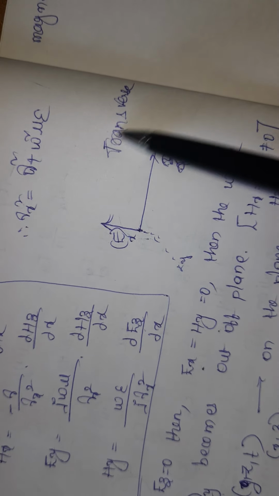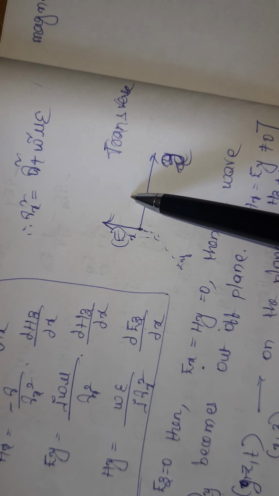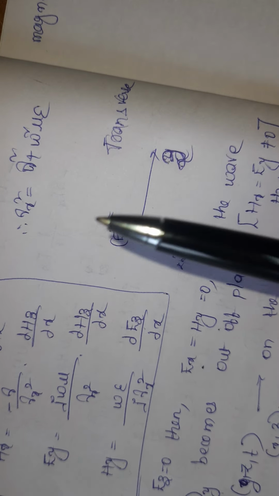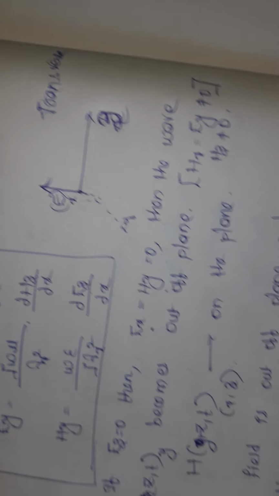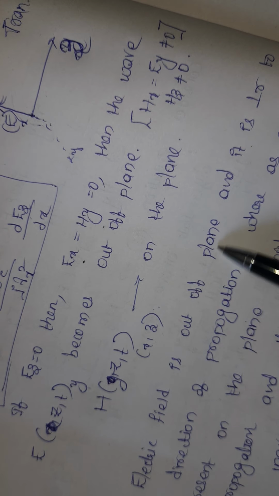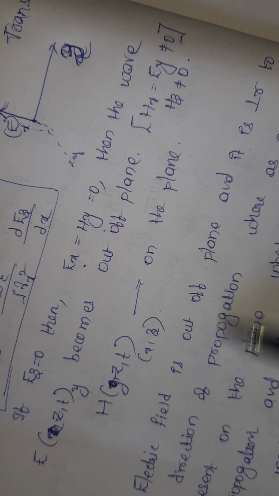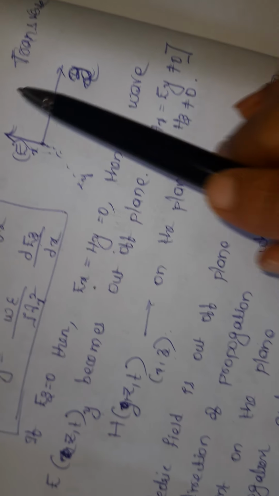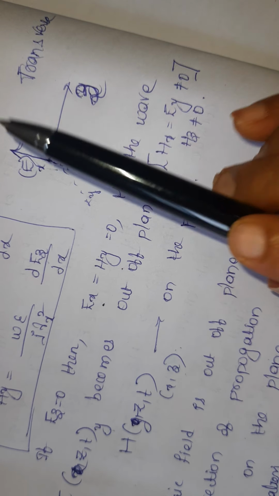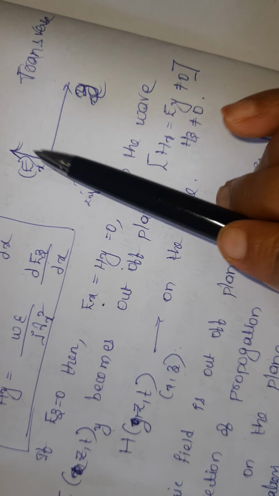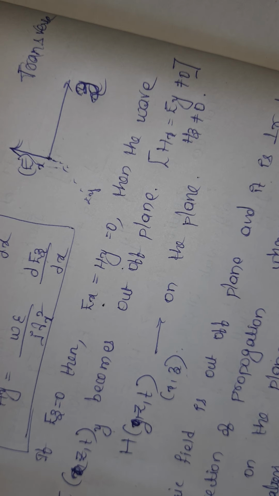So it is on the plane. Magnetic field is on the plane. Electric field intensity is out of the plane. So electric field intensity is out of the plane, which is perpendicular to the propagation. It is propagation direction, and electric field intensity is along y direction. So it is always perpendicular to the propagation.